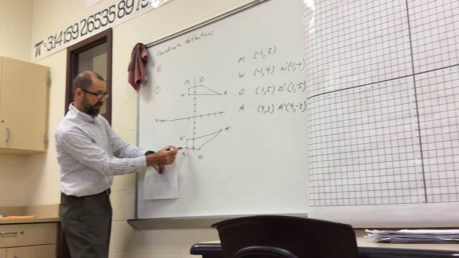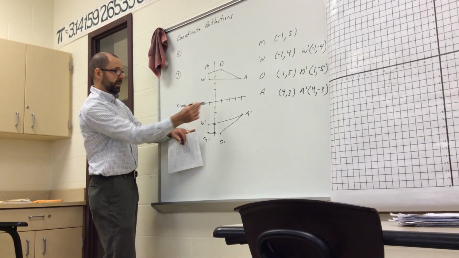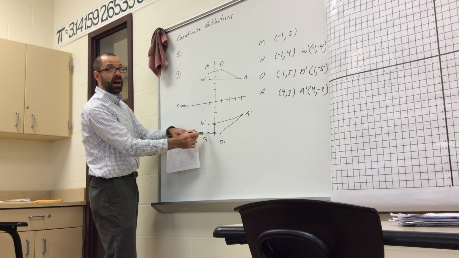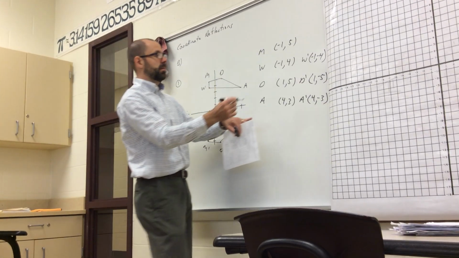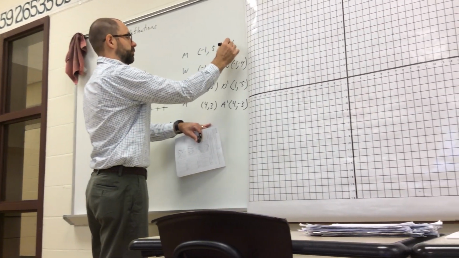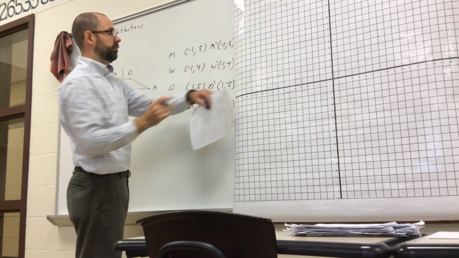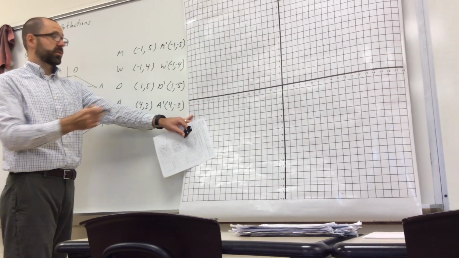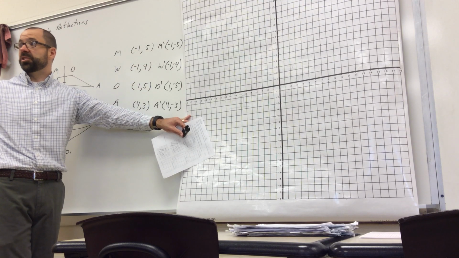And then M prime is right here. It's -1, -5. So there's all the primes, all the image points.